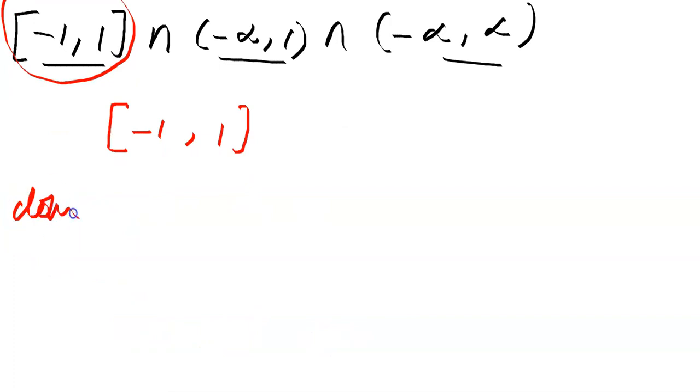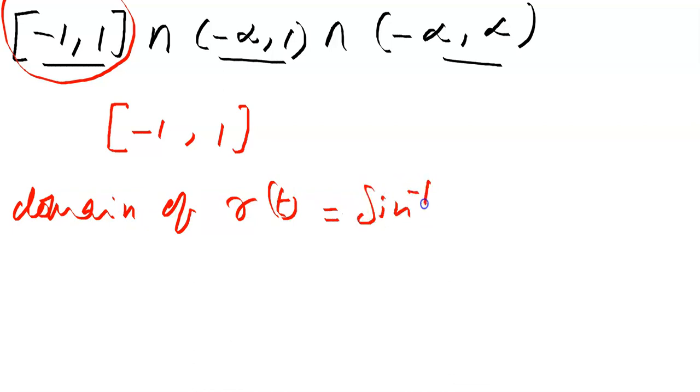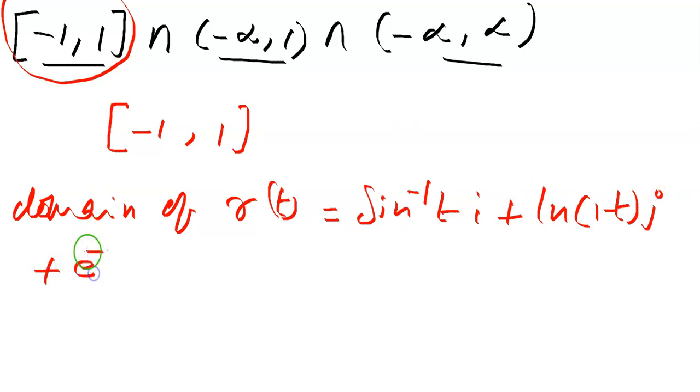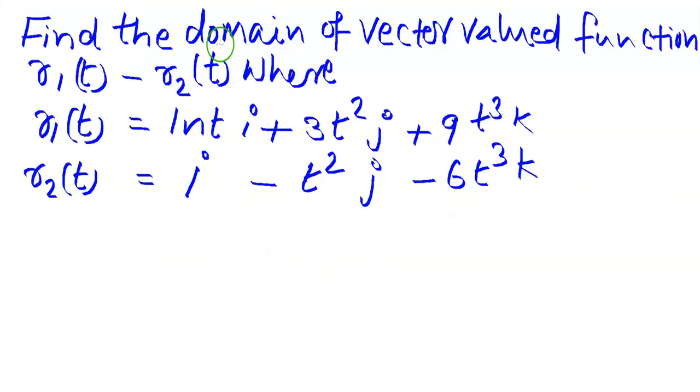Domain of r of t is equal to sin inverse t i plus log 1 minus t j plus e raised to minus t k is -1 1. Next question.